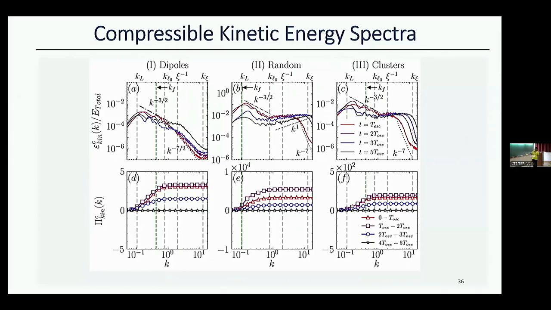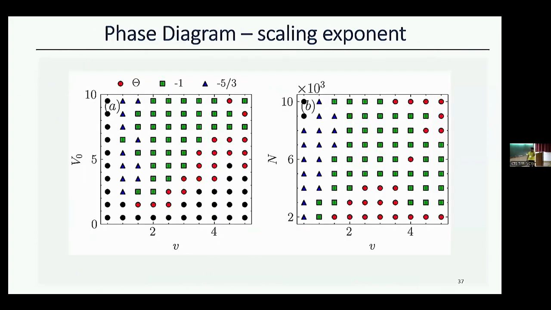And here for the random case, we get some thermalization that I am not going into detail about for the sake of time, but it is quite interesting. Overall, again, we get the forward cascade even for the compressible case.